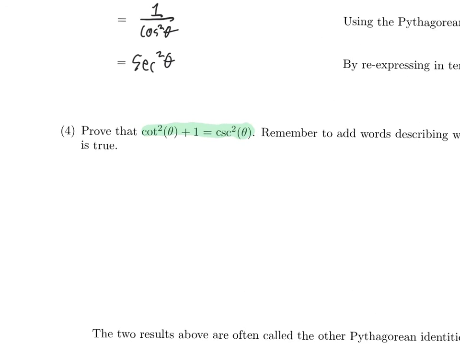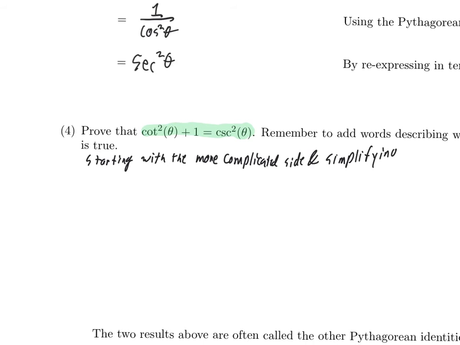So let's do it, starting with the more complicated side and simplifying. What do we get? We get cotangent squared of theta plus 1 is equal to cosine squared theta over sine squared theta plus 1.